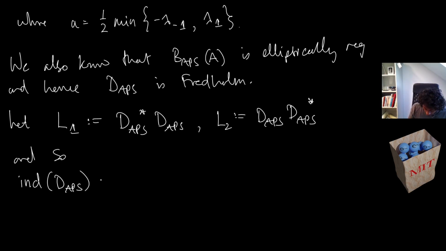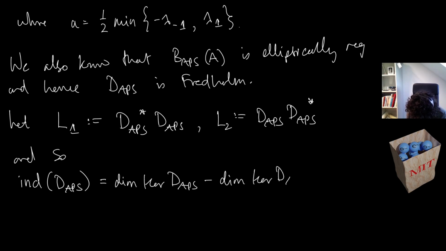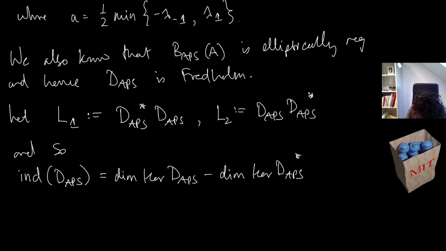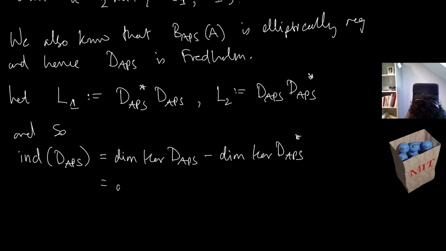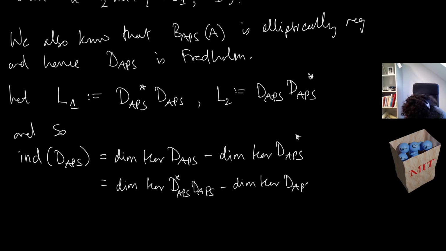Because it's a Fredholm operator, as dim kernel D_APS minus dim kernel D_APS adjoint is equal to dim kernel D_APS star D_APS minus dim kernel D_APS D_APS star. Yes?